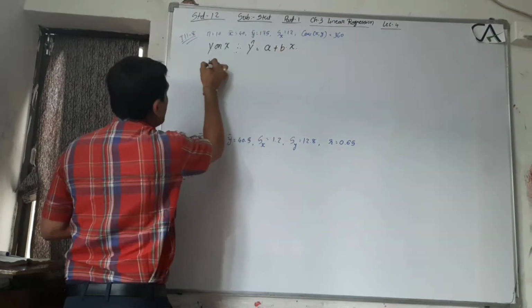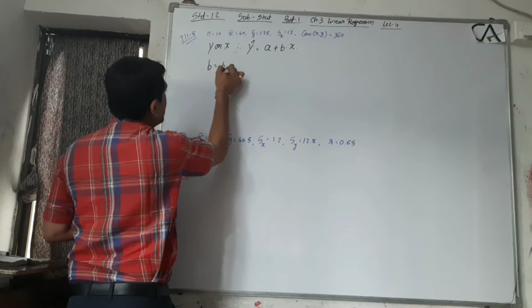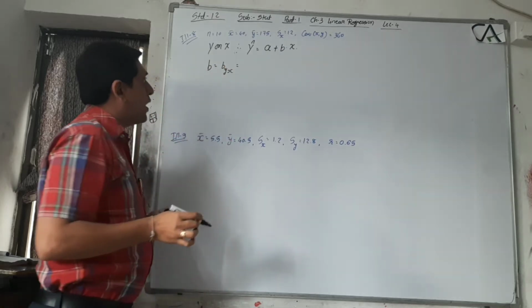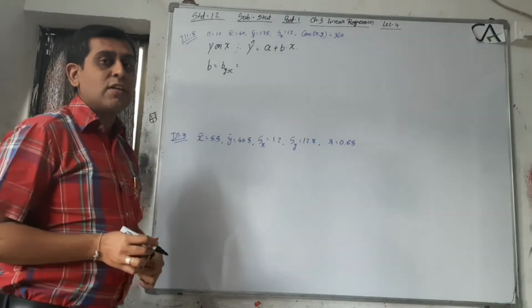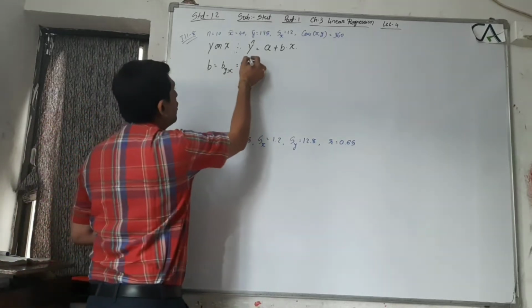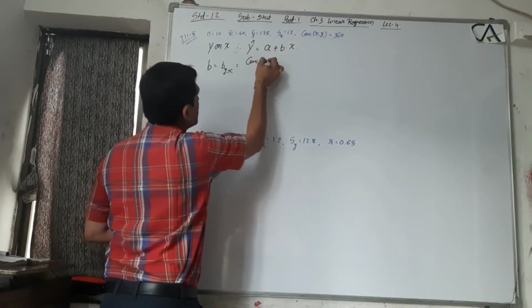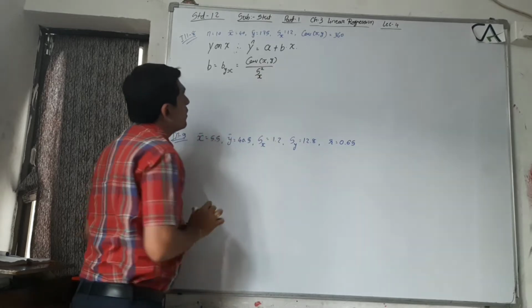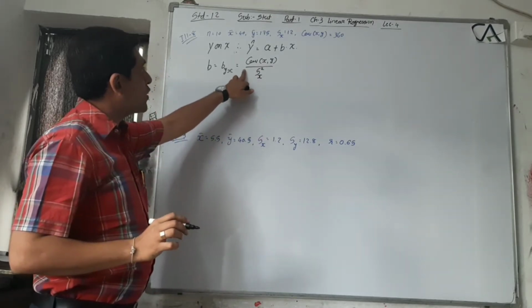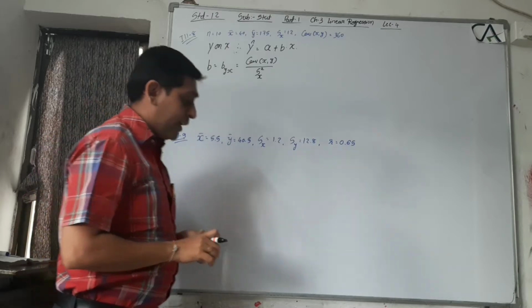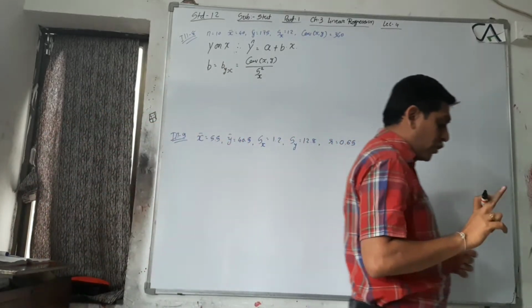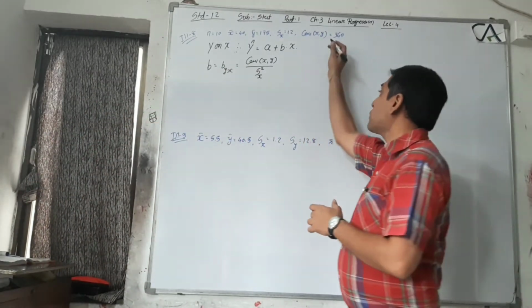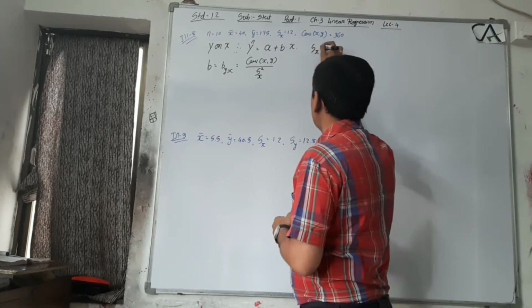And for that, first of all, b is equal to byx is equal to, which formula do we have to use? Here covariance of xy is given, so covariance of xy upon Sx square. Here Sx, that is the standard deviation of x, is given as 12.